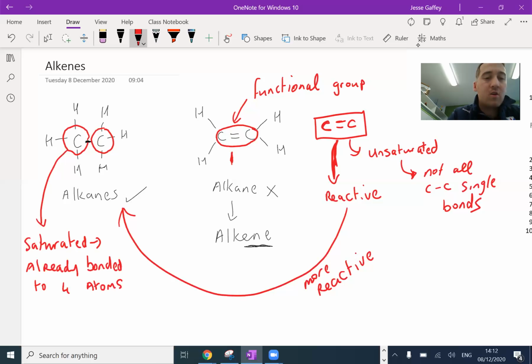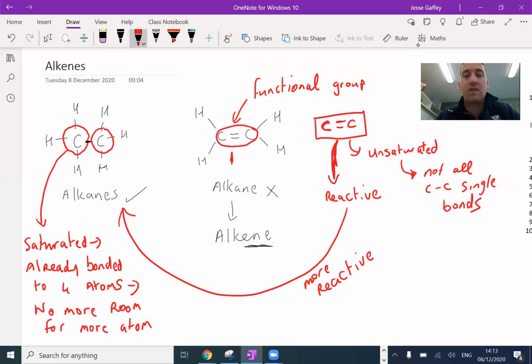This means there's no more room for more atoms. We say it is saturated. This one over here, we say is unsaturated because of the double bond. Okay, so alkenes are unsaturated and their functional group is C double bond C.